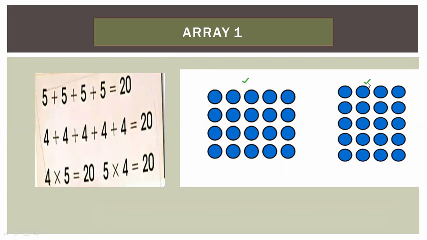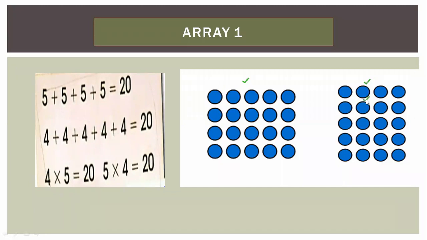You can put 5 columns and 4 rows, or 4 columns and 5 rows. All the diagrams are going to be correct, because they haven't given us any specific details. What was the question? Where is the array? So you have to draw the array in front of your equation in your learner's book.